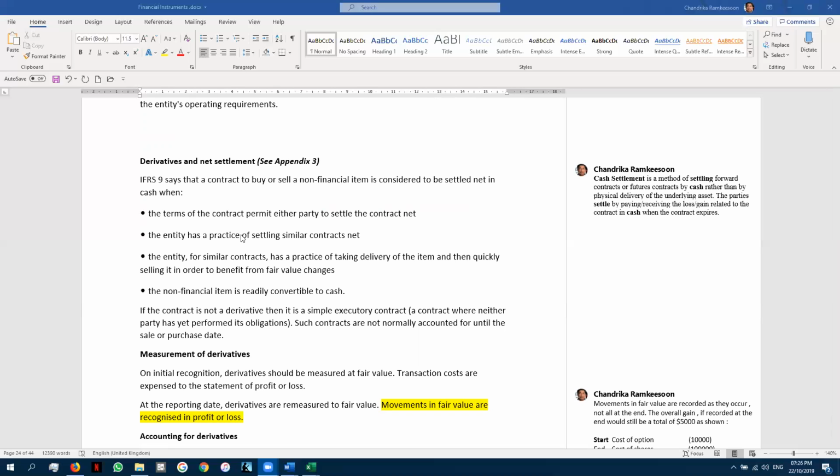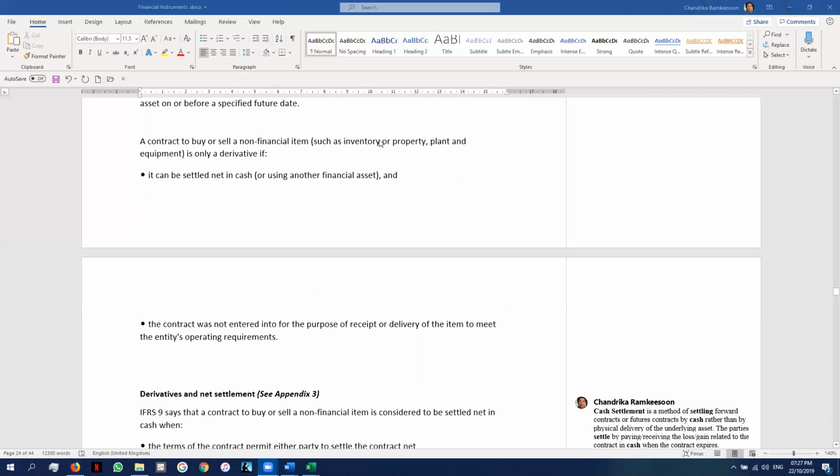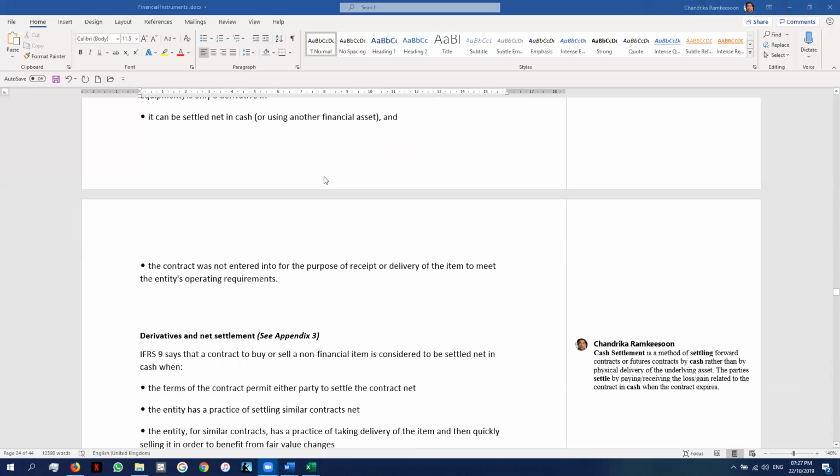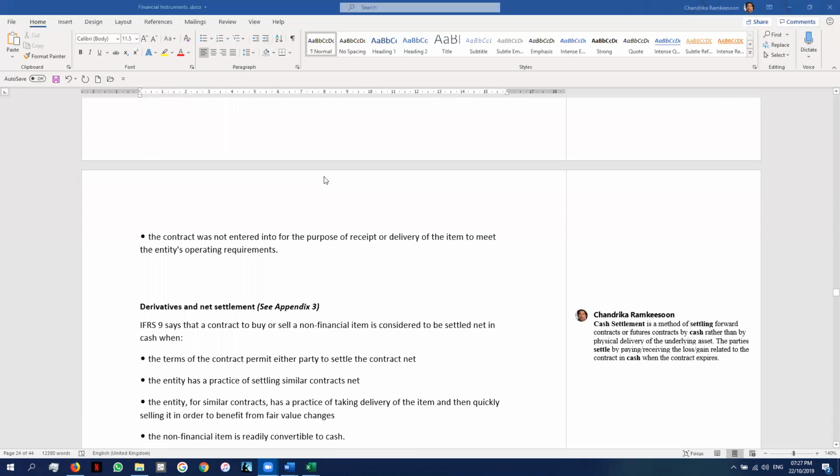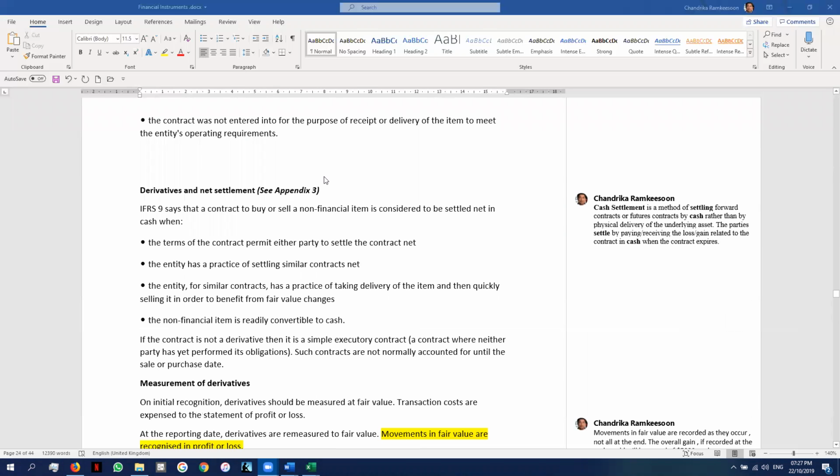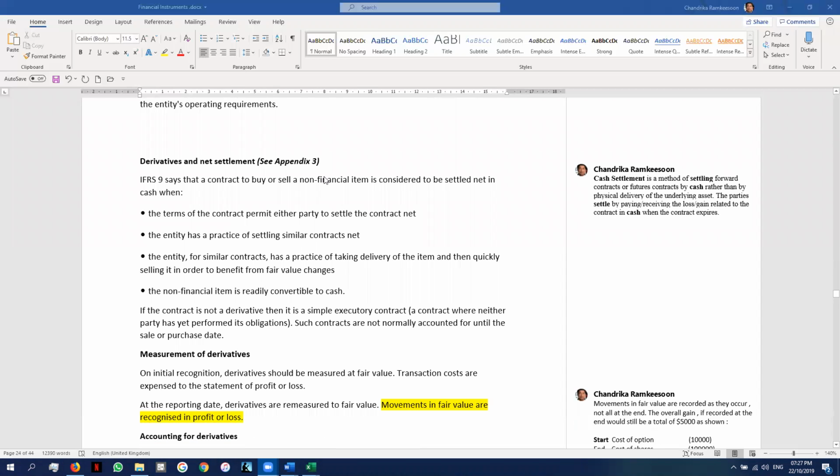IFRS 9 says that a contract to buy or sell a non-financial item, and as you saw above, a non-financial item would normally be inventory, property, plant, equipment, as opposed to investments and so forth, is considered to be settled net in cash, where the terms of the contract permit either party to settle the contract net. The entity has a practice of settling similar contracts net. The entity for similar contracts has a practice of taking delivery of the item and then quickly selling it in order to benefit from fair value changes.